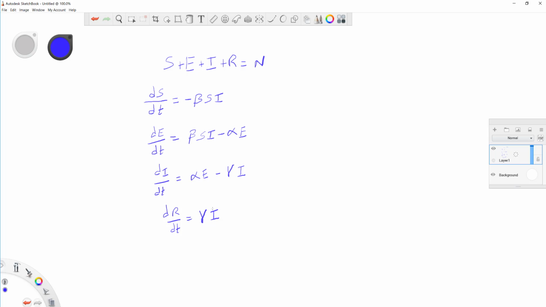I also like to reiterate that the change in infected people is based on the exposed population and, of course, the incubation period. And the gamma I already mentioned. If gamma is high, more people recover quickly. This is just a change in recovery rate. And we have a fixed population.